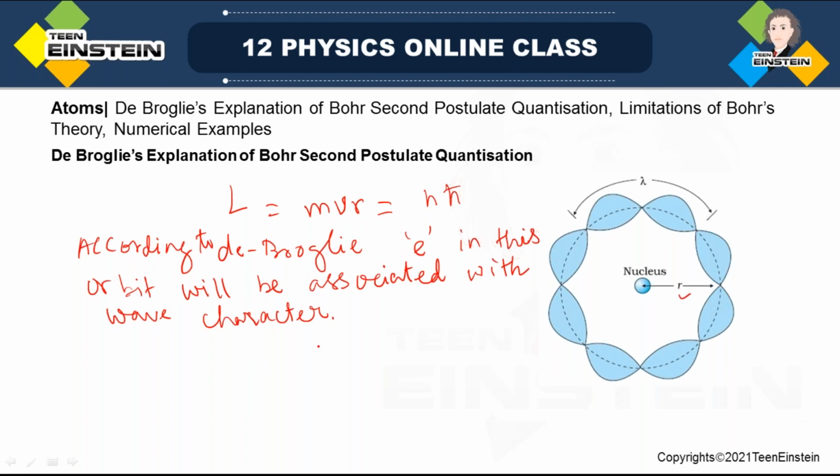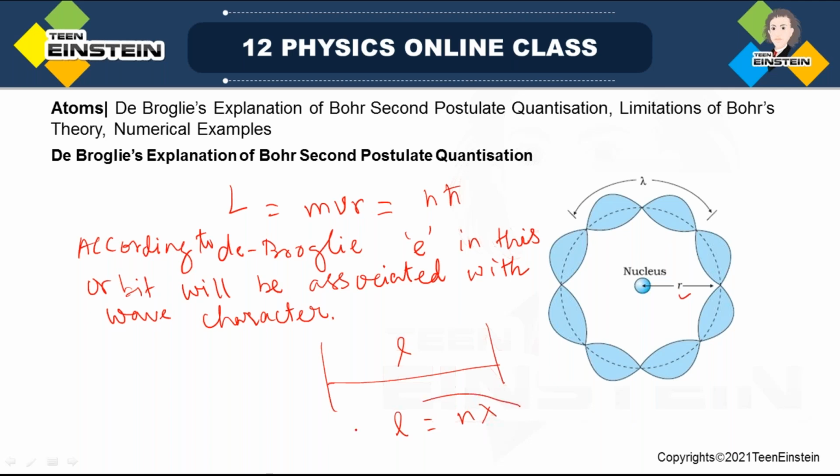And at the resonance condition, if you remember from the production of stationary waves in 11th standard, suppose there is a string of length L. This stationary wave will be produced at the resonance condition, and in this string the length will be equal to an integral multiple of lambda.